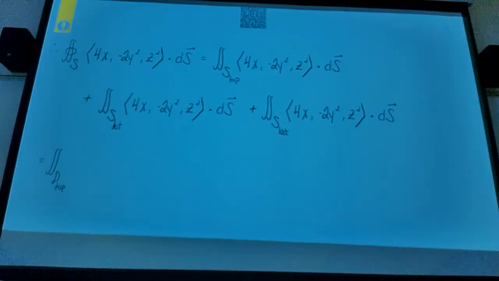And the surface integral is a double integral over your domain of the surface, with the parameterization.